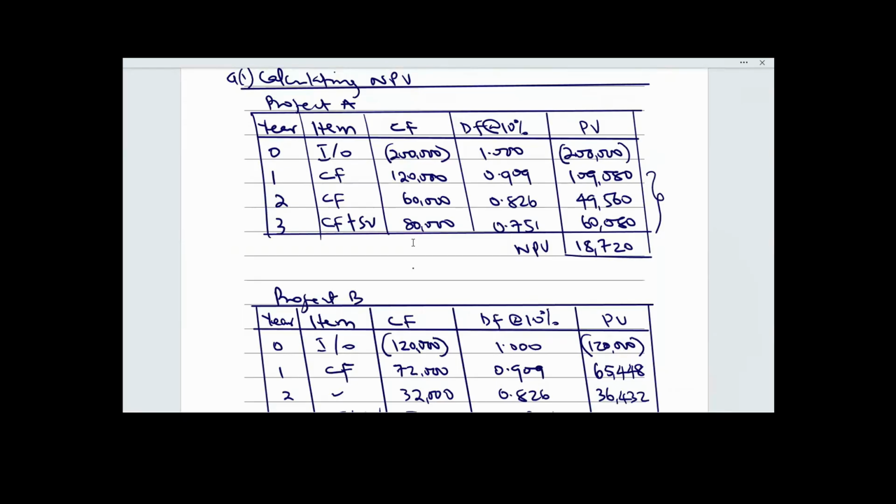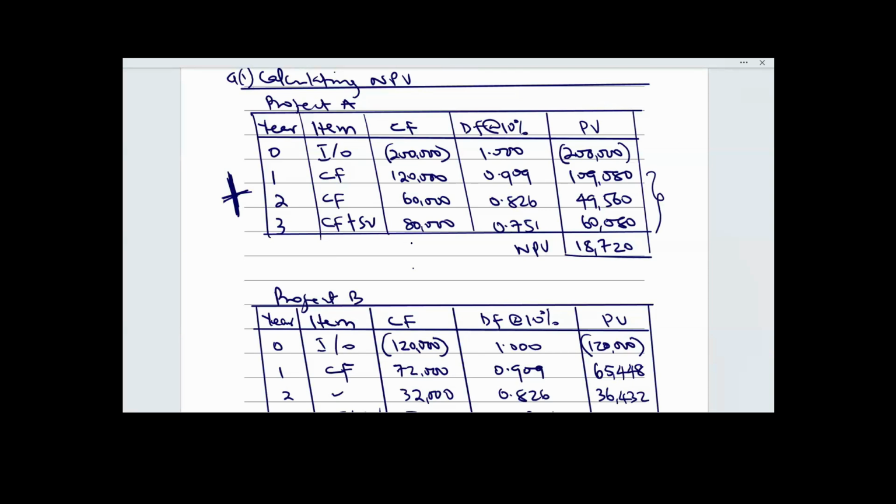When you look at project A, for example, the positive cash flow is year 1, 120,000, year 2, 60,000, year 3, 66,000 plus scrap value of 14,000, making 80,000.